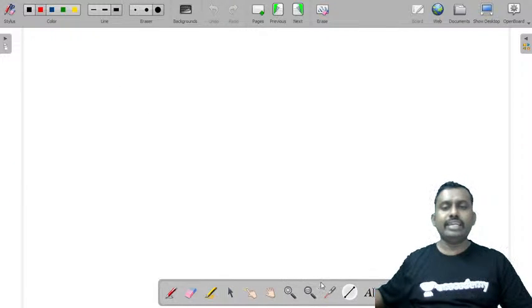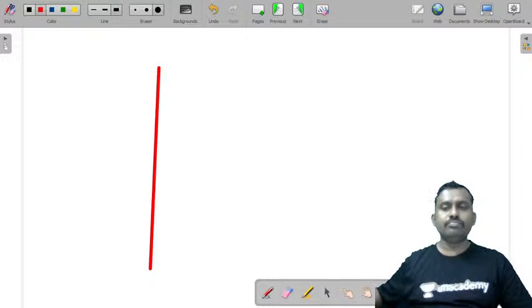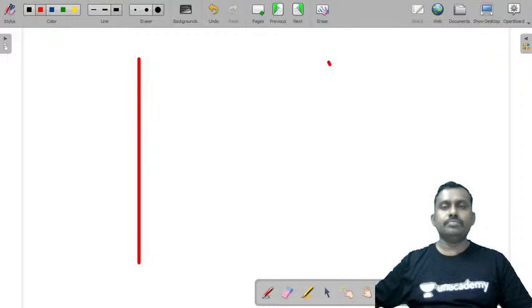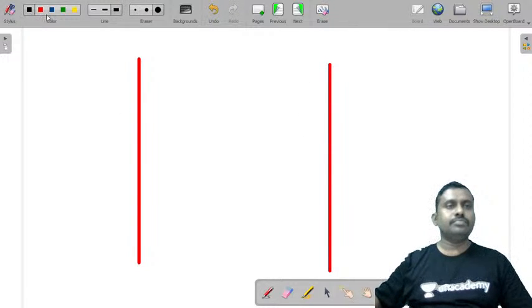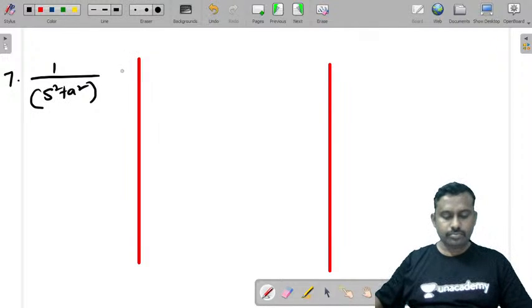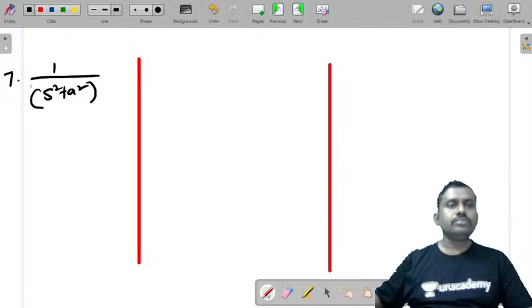The seventh example: 1 by s square plus a square. This we have seen, that was a sinusoidal.